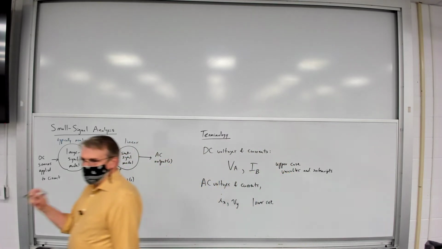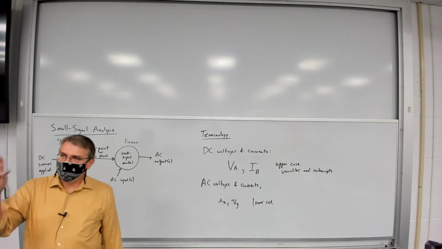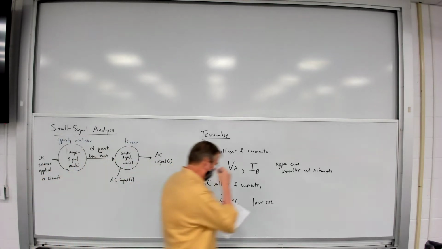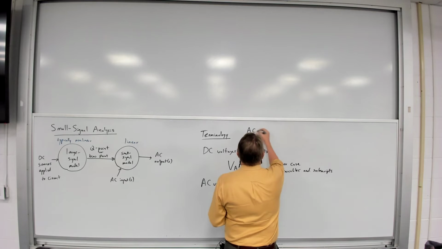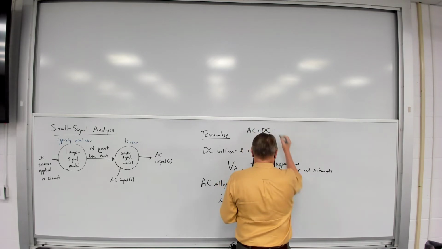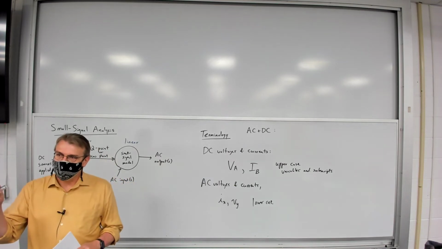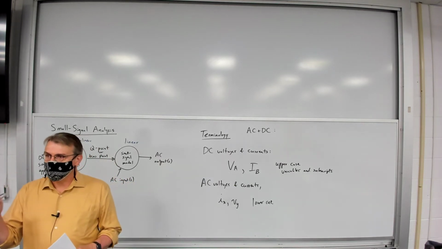Sometimes we'll have a voltage or a current that is a combination and has both a DC and an AC component, in which case we'll have a lowercase variable but an uppercase subscript.